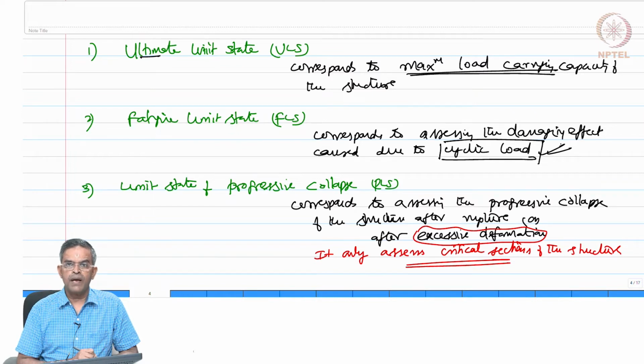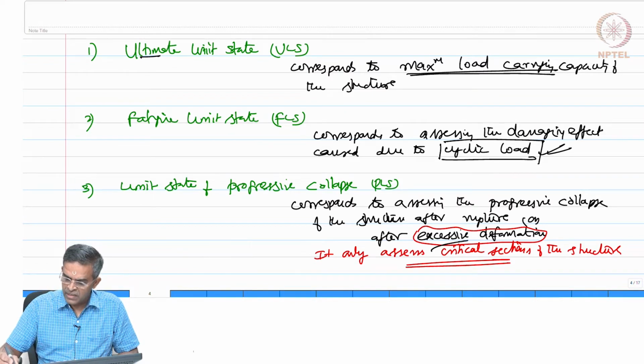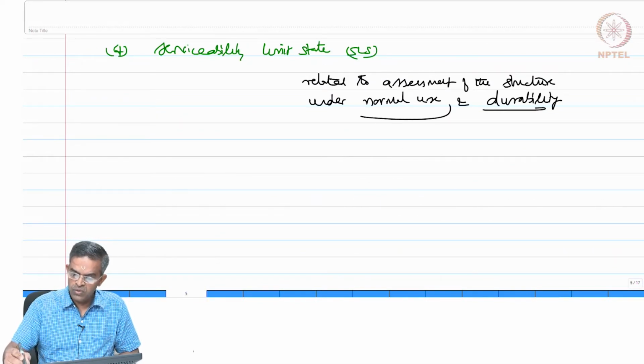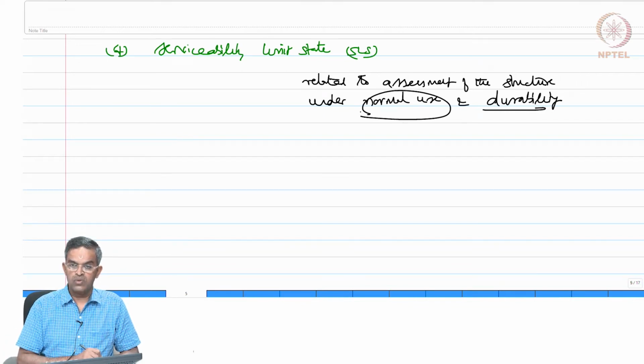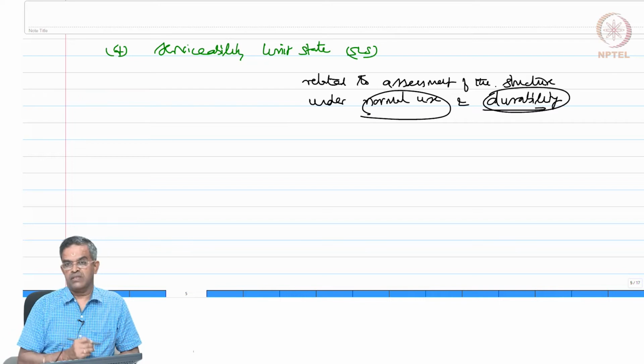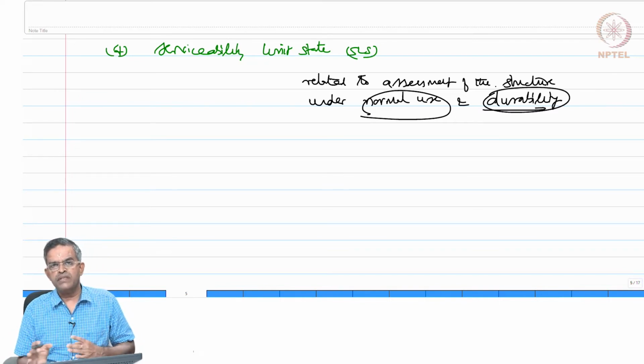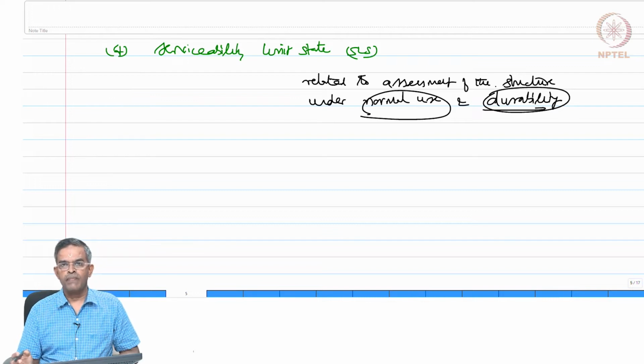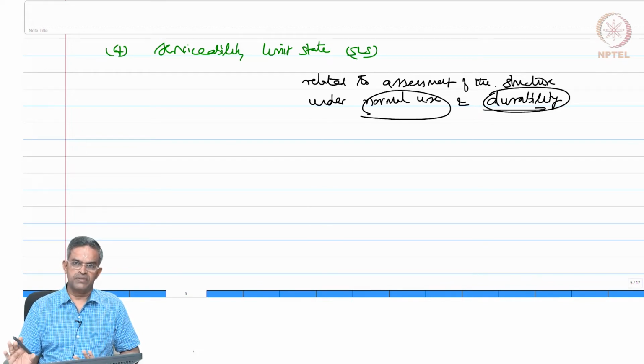Limit state of progressive collapse assesses the structure only at critical sections, whereas serviceability assesses the structure under normal use and also takes care of durability. They play very distinct roles. There are no overlaps of these limit state functions in terms of their objectives upon the structure. One limit state does not counter check the other. There is no mutual interference between them. Each performs its application rules as per the laid procedure.